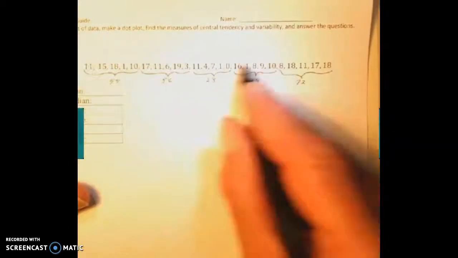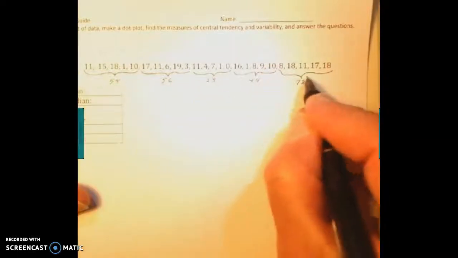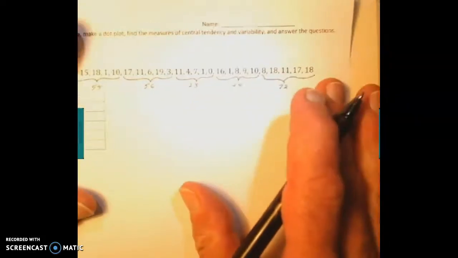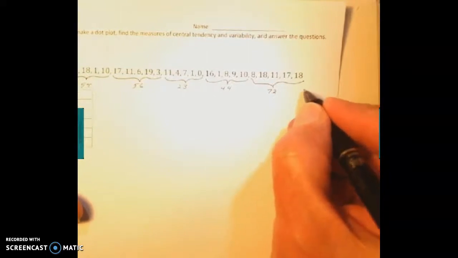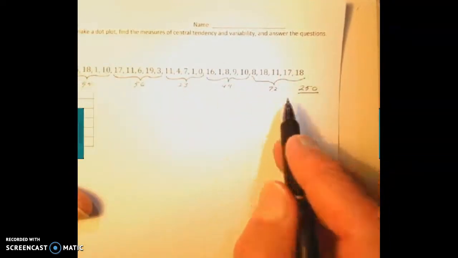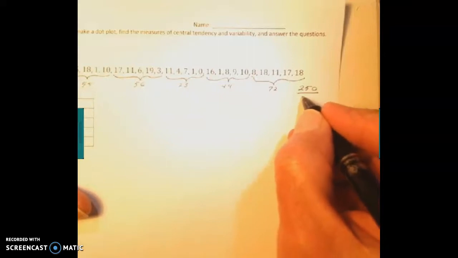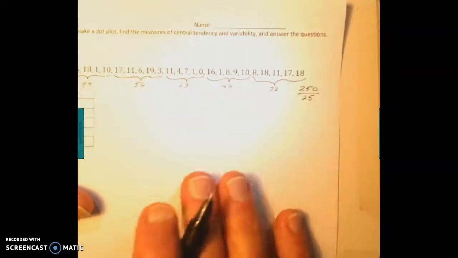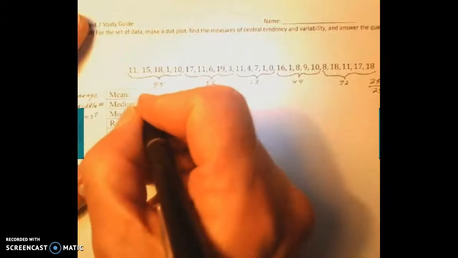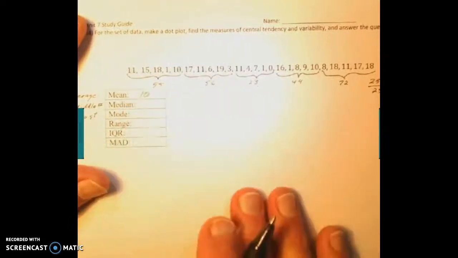And you want to find the average of all of these, so you add them all together. So now I need to add those 5 numbers together. And when you do that, you should get 250. The average is the total of all the numbers divided by how many numbers there are. So you divide by 25 and your mean comes out to be 10.